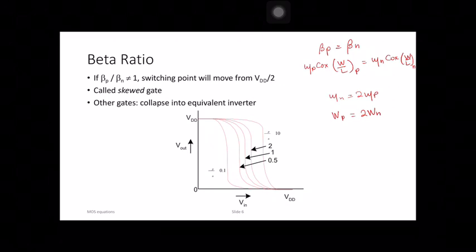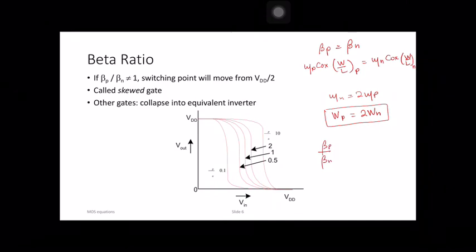So what happens if you don't put this equation into place? You will have something called a skewed gate. That means the voltage transfer characteristic will move either to the left or to the right, based on the beta P over beta N ratio.